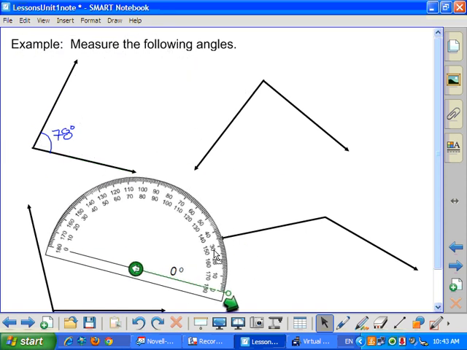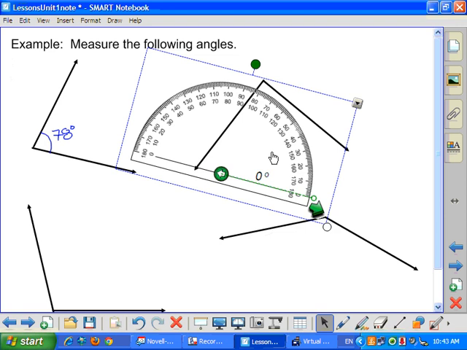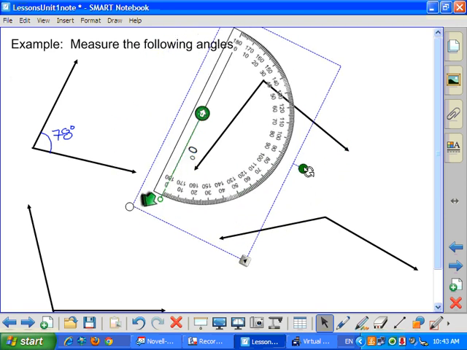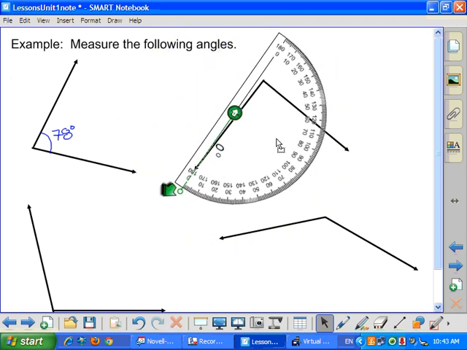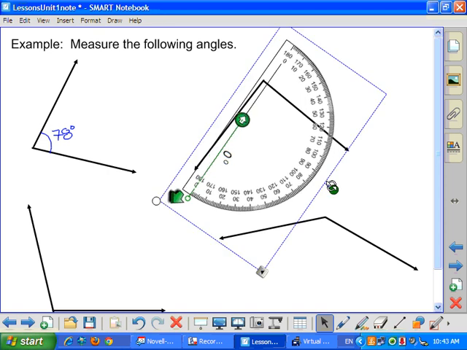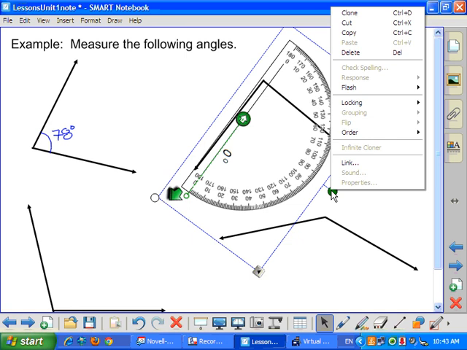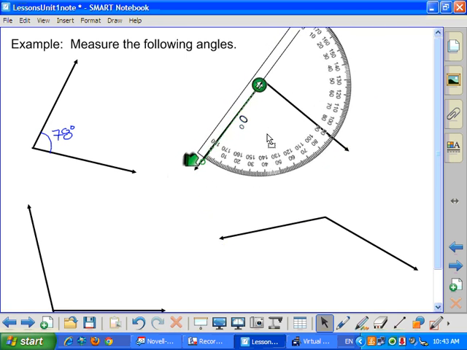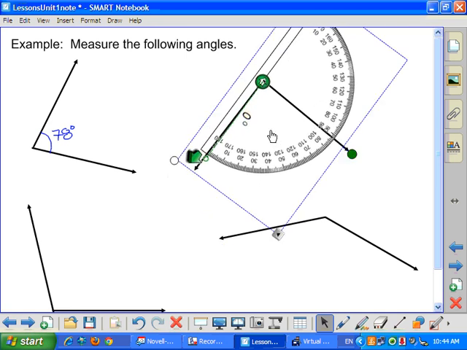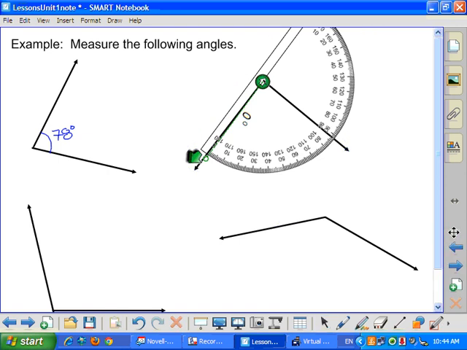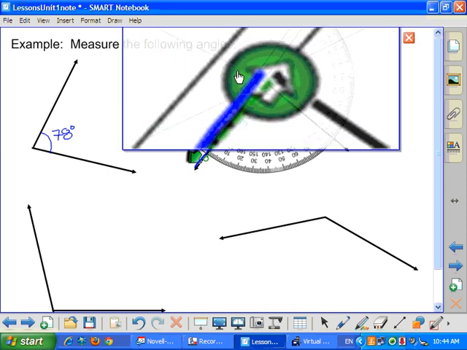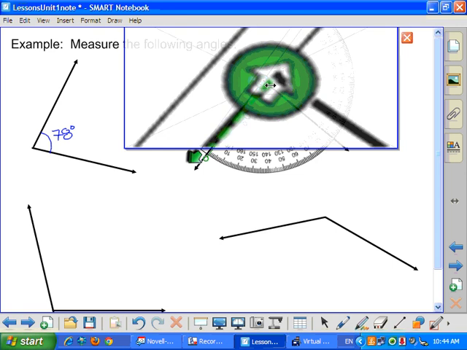I'll move that out of the way. Now this one I've got to rotate upside down, so you are going to have to spin these protractors around from time to time. I need to line my baseline up. Not too bad. Again, you can see my baseline is on one of the lines. You can see inside the empty green dot where the angle or the corner is.